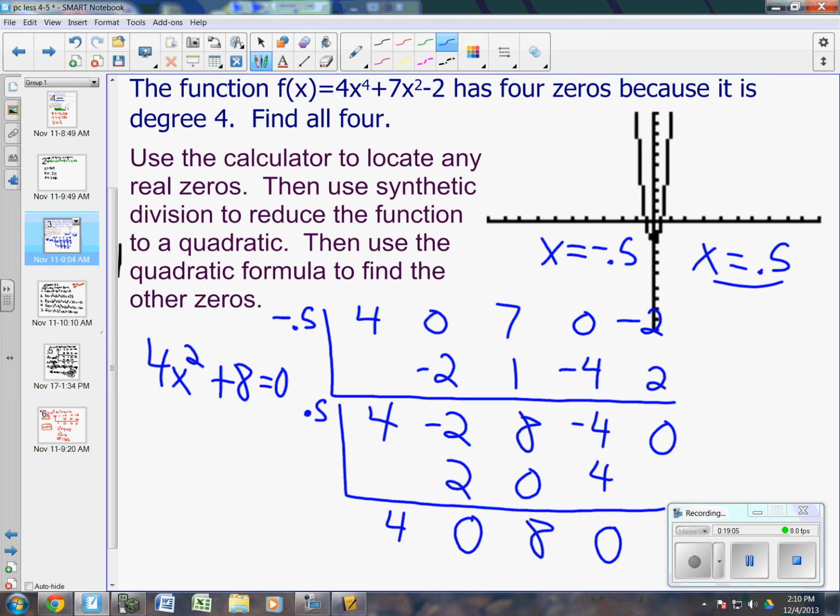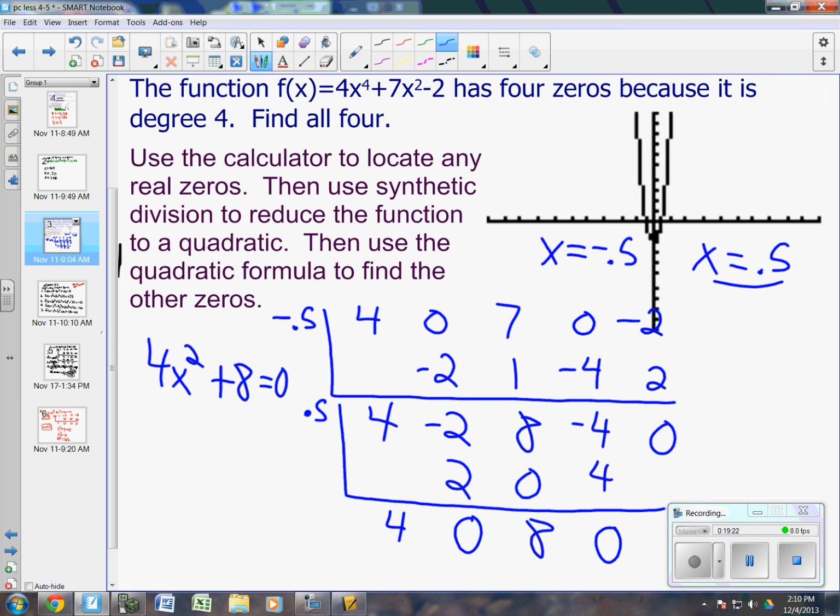These numbers right here are the coefficients for 4x squared plus 0x plus 8. 4 is the coefficient for the x squared. The reason it's x squared, I just explained that, is because when we divide it, we start off with an x to the 4th.